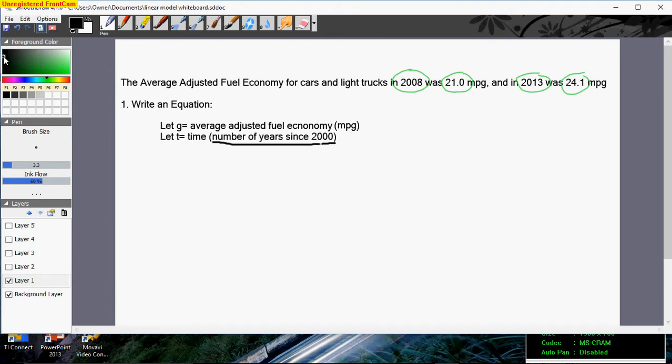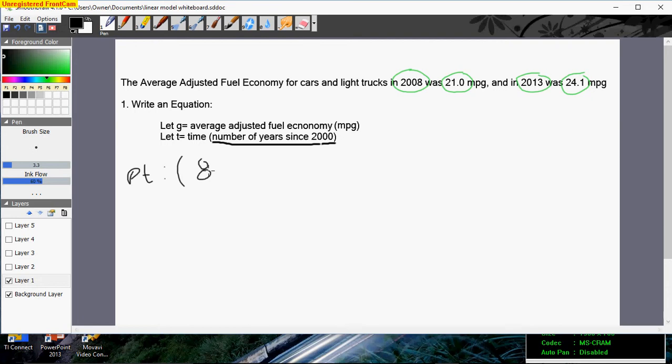Our points are going to be, so in math, always label what you're doing so people can see that you're not just pulling numbers out of nowhere. We're going to have 8. Why are we going to have 8? Because 2008 minus 2000 is 8.